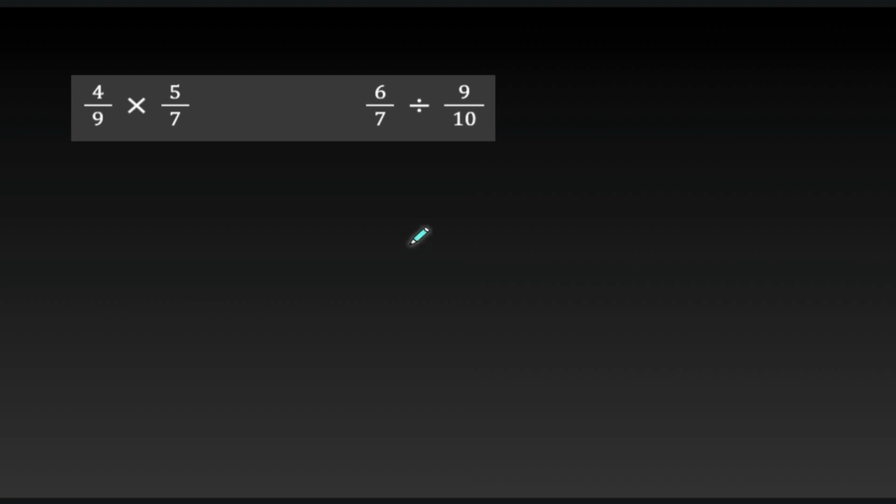Again, we have the 6/7, and this turns into multiplication. We're going to turn this fraction upside down, so that's 10/9. We simply multiply across the numerators: 6 times 10 is 60, over 7 times 9 is 63.